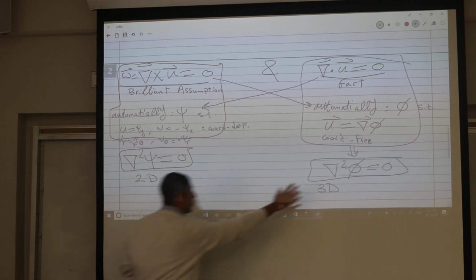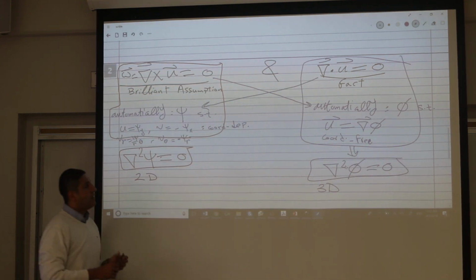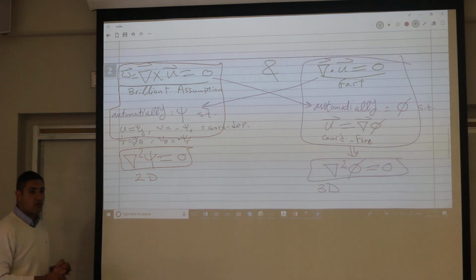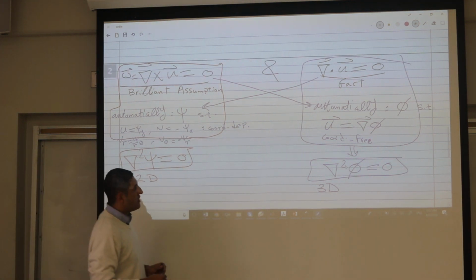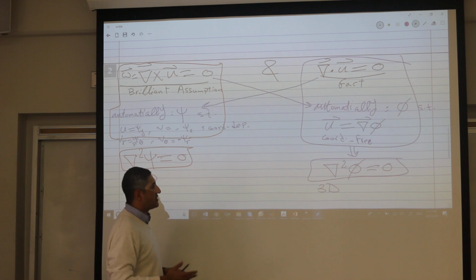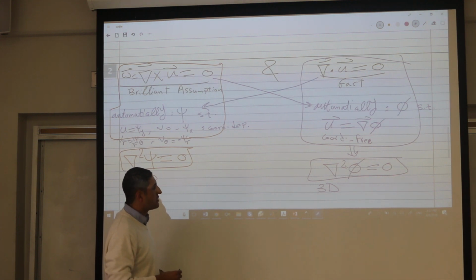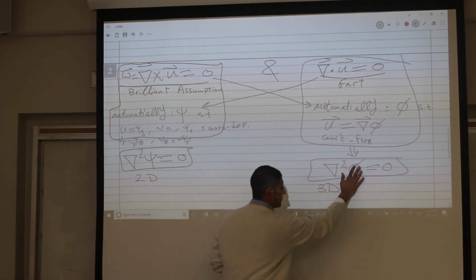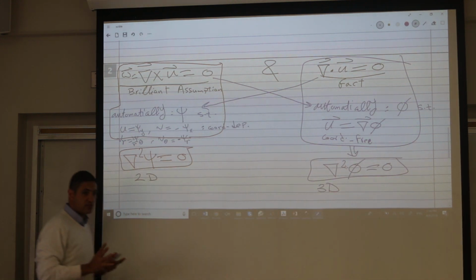So just solve this or that. So at the beginning we had the continuity and momentum. And the velocity field, at least, we had 3 unknowns. Now we have only 1 unknown, psi, for example.